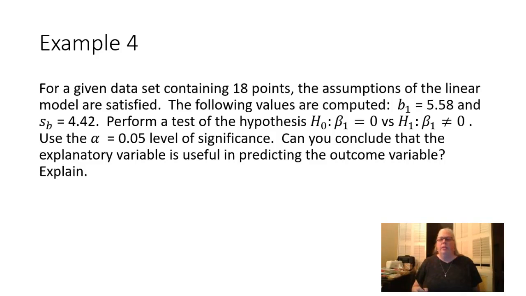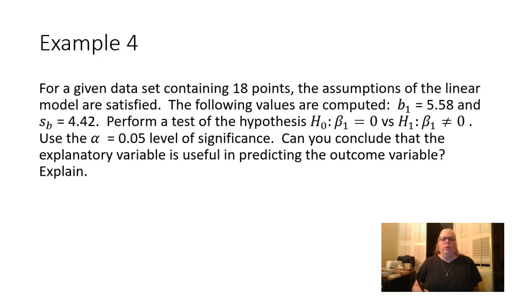H0, the null hypothesis, is that the slope is equal to 0, versus the alternate hypothesis, H1, that the slope is not equal to 0. We're going to use an alpha equals 0.05 level of significance, and the question we need to answer, can you conclude that the explanatory variable is useful in predicting the outcome of the variable?